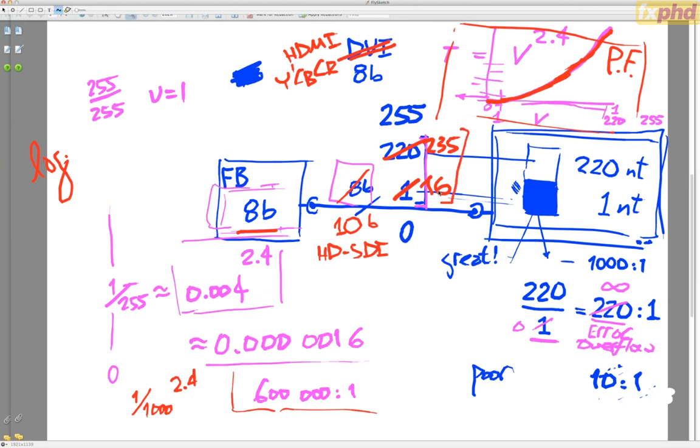Well, you can't go dividing those two numbers to get the contrast ratio. That's not meaningful. First of all, the first thing that the display does is it subtracts the 16, and then it raises the video signal to that power. And that may be selectable. You may have 2.2 in an sRGB or 2.6 in digital cinema.